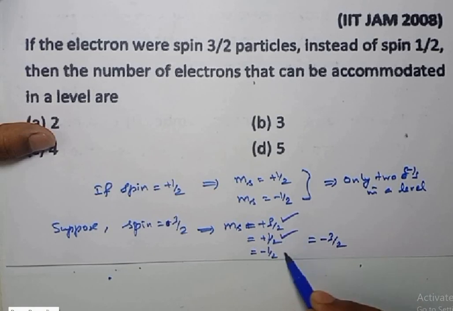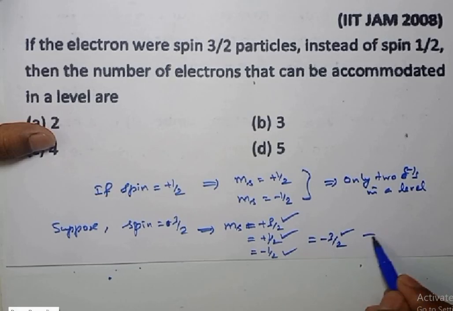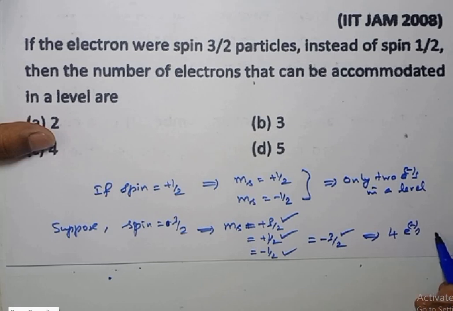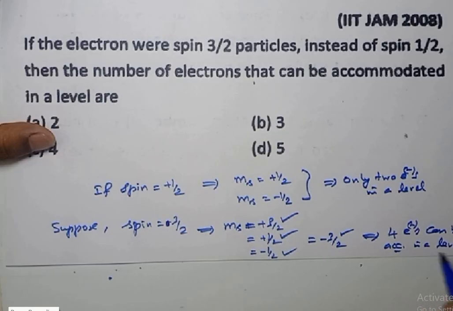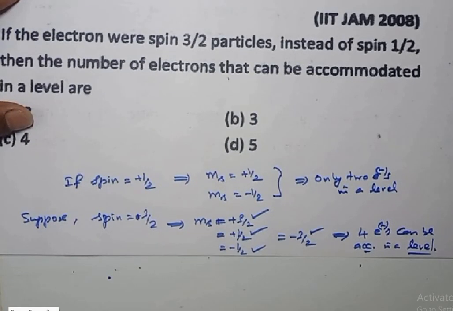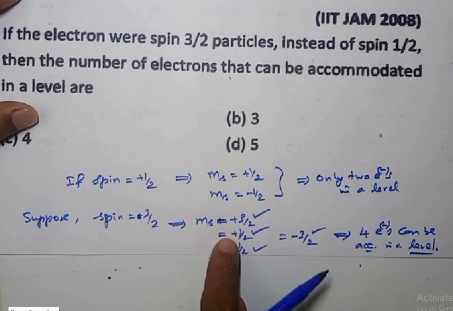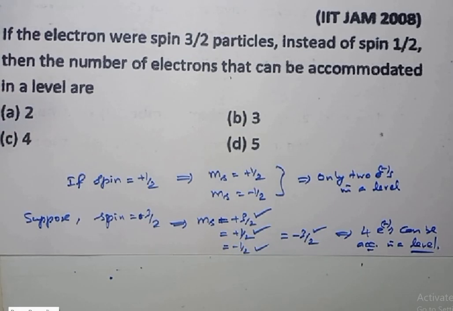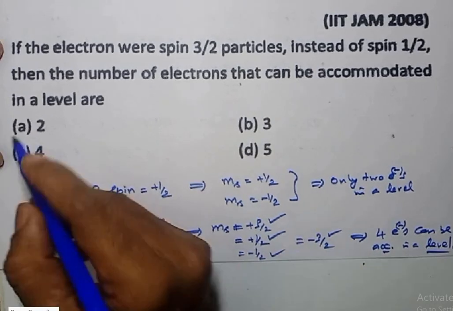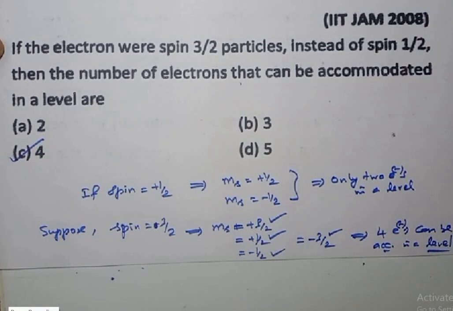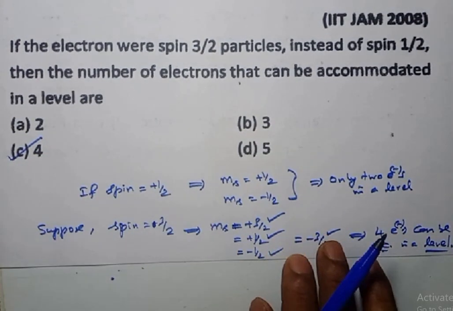So 1, 2, 3, 4 values are possible. Therefore, 4 electrons can be accommodated in a level. I have 4 possible Ms values. Take it. So the correct option for this question is you can accommodate 4 electrons in a level, right?